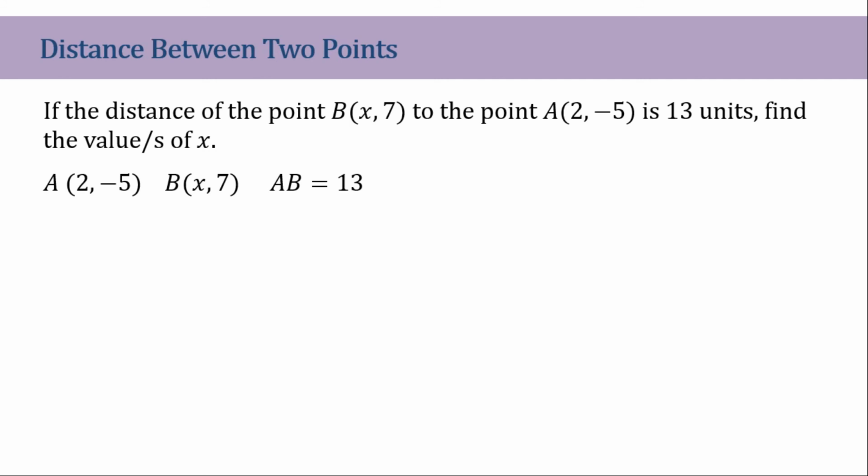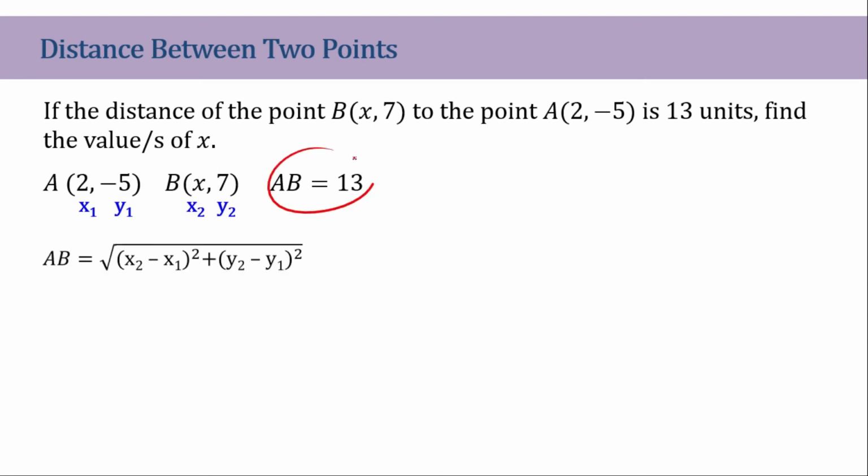Now another problem is this. If the distance of point B and point A is 13 units, find the value of x. The coordinate of B has a missing abscissa. So what we need to do is write down all the given and assign values.